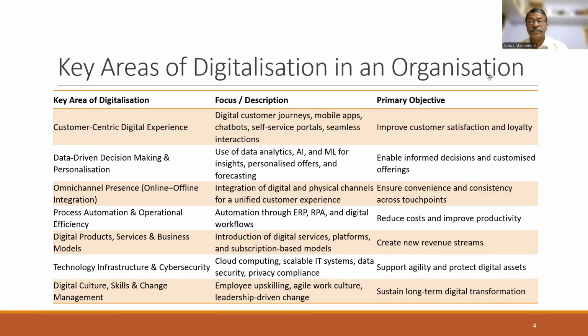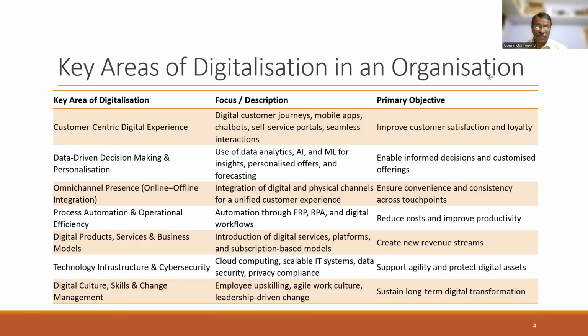What is the primary objective? The primary objective for the company is to enable informed decisions and customized offerings. The third thing is omni-channel presence, which is an integration of both online and offline. Customers today live in what we call a phygital world, both physical and digital, so there are a lot of interactions happening.